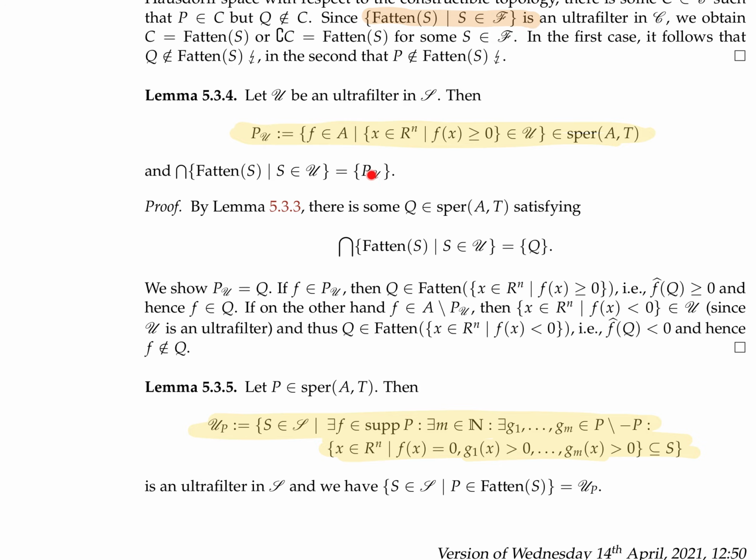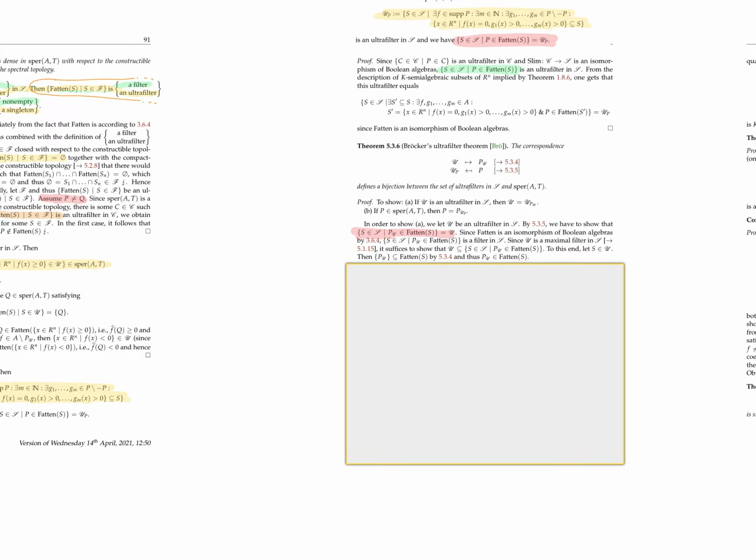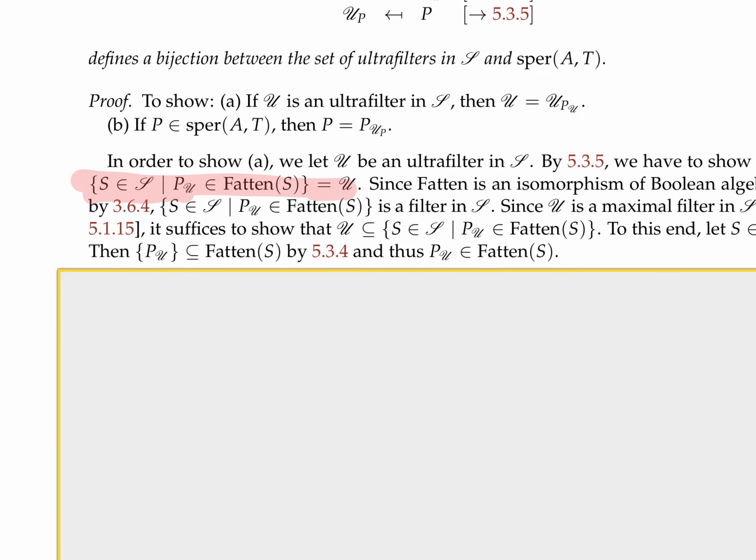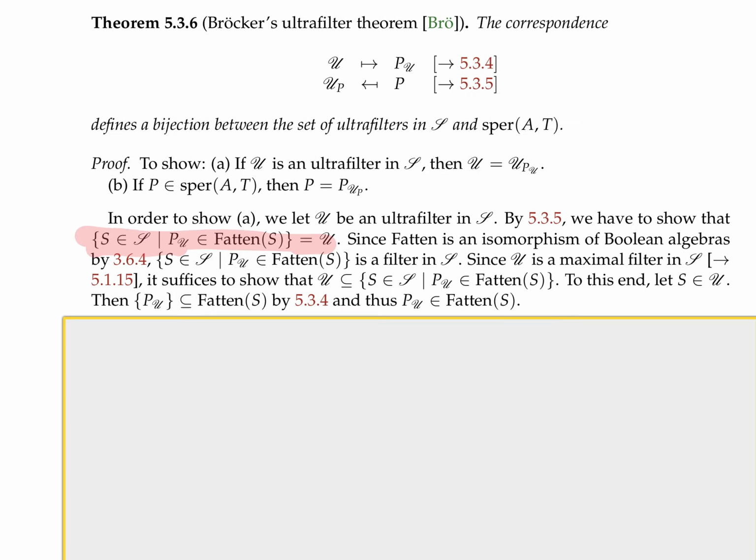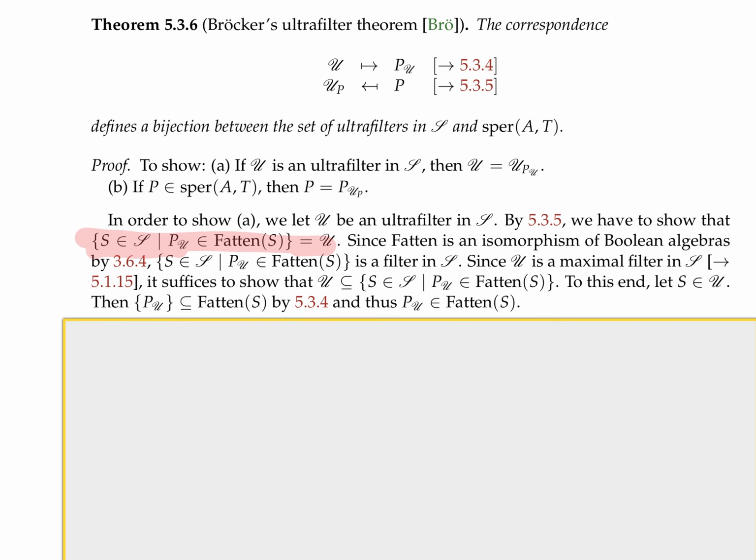So PU is in the fattening of S for each S in U, right? So we could also say this singleton is contained in the fattening of S. And thus PU is in the fattening of S, of course. Okay, so that's it. So all these abstract things led quite automatically to what we wanted.